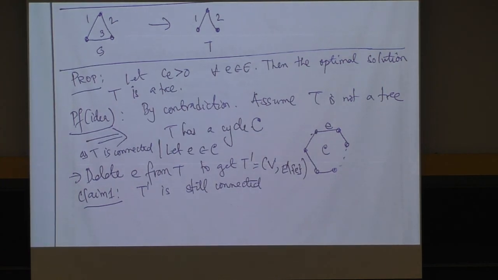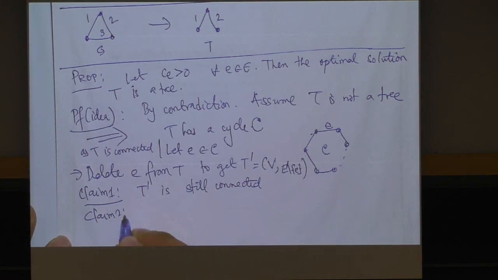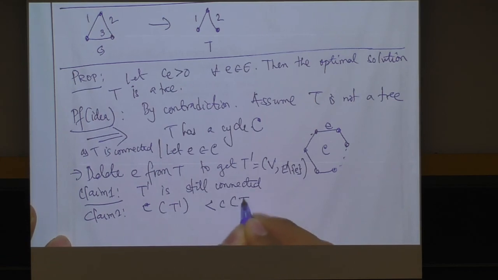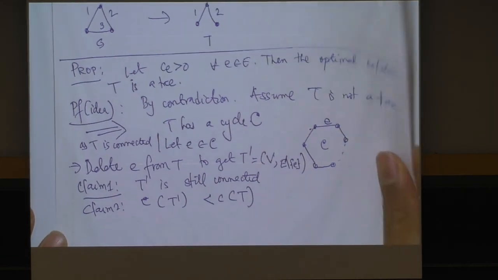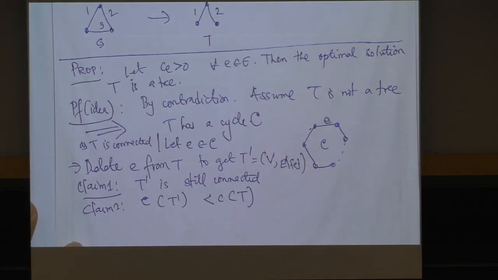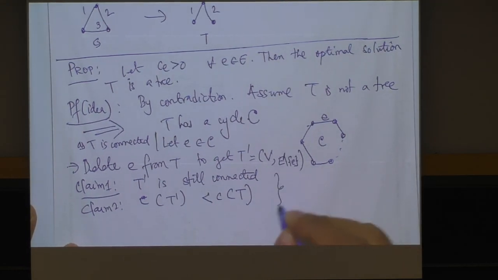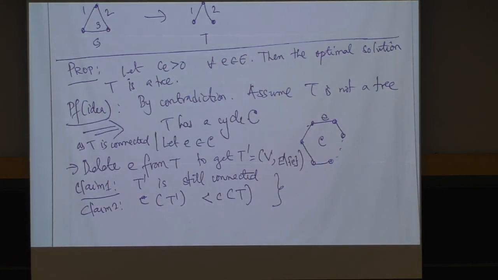And we'll see shortly why this is true. And the second claim is the cost of T prime is strictly smaller than cost of T. So let's try to argue. Let's see why these two are enough. If both of these are true, note that T prime satisfies all the properties that's needed from the output, right?